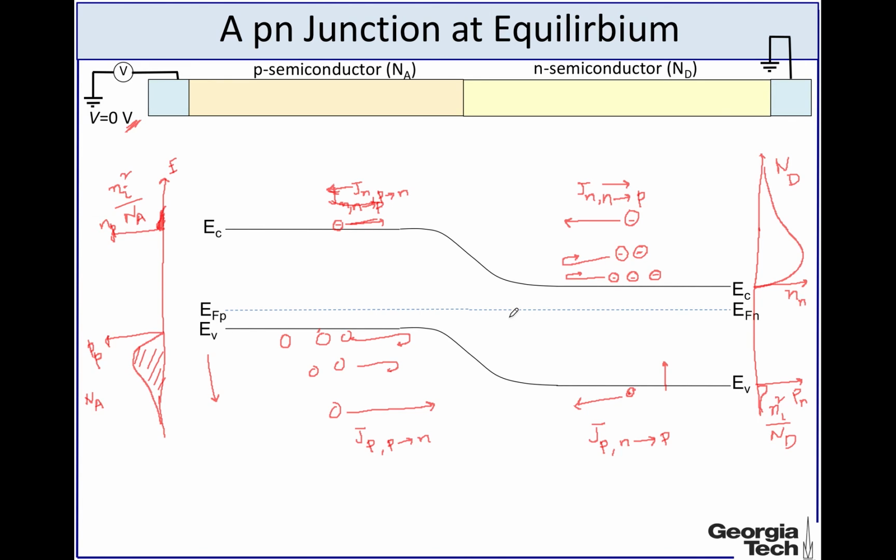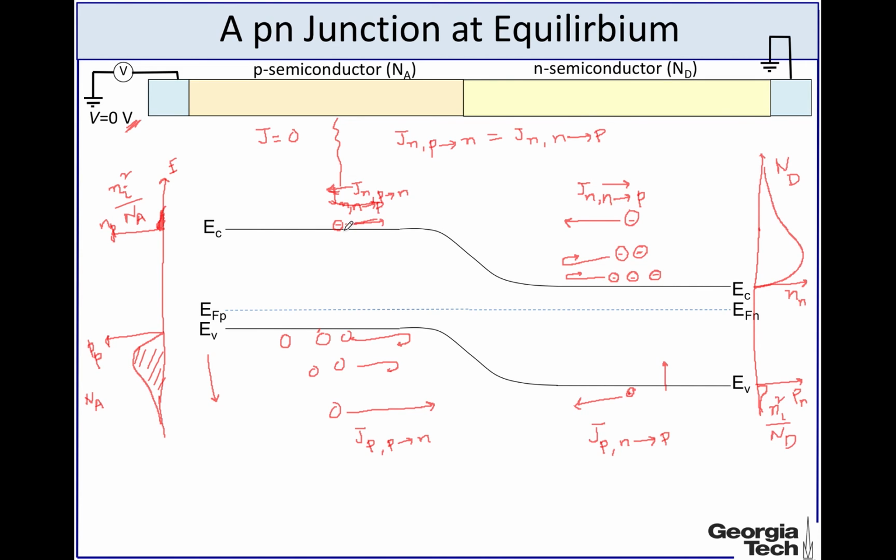Now at equilibrium, what happens is that because you don't have any voltage applied across the p-n junction, by definition there should not be any current flowing through the system, and the way it's balanced out is this, that Jn p to n is equal to Jn n to p.